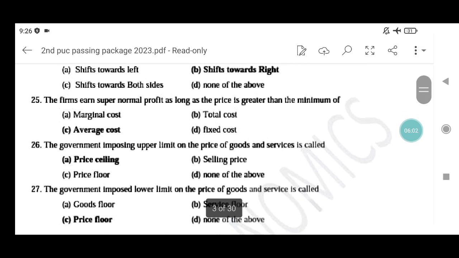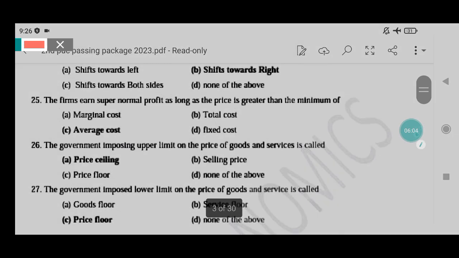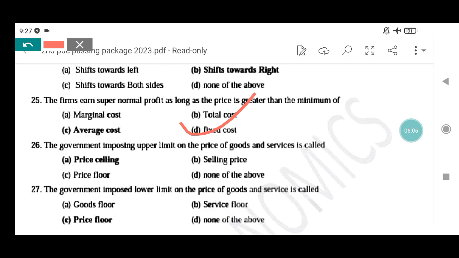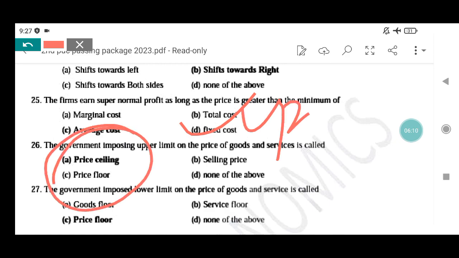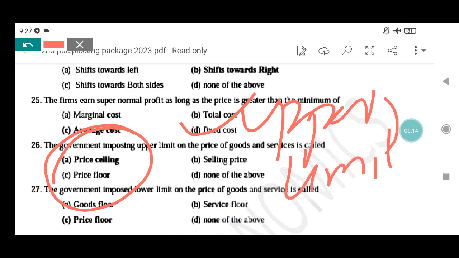Next. The government imposing an upper limit on the price of goods and services is called a price ceiling. This is a very important point. The government imposes an upper limit on the price of goods and services, like some important commodities such as rice, wheat, jawar, so that they are not sold in the black market.